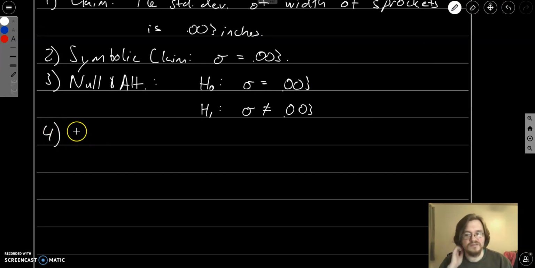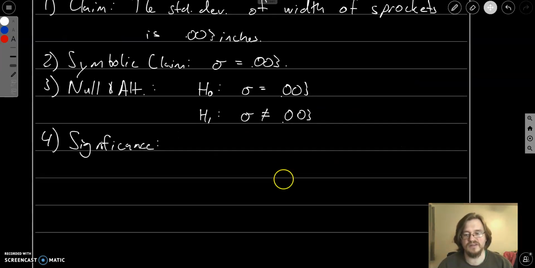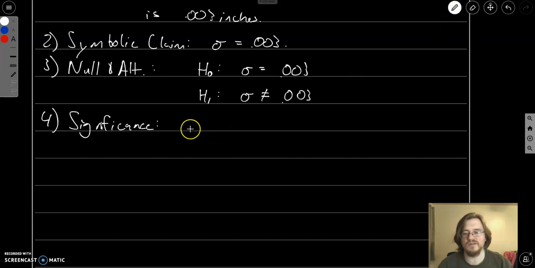We need our significance level. In our question, we weren't given one explicitly, but maybe these sprockets are pretty important. Maybe they go into some medical devices. So let's choose a small significance level.